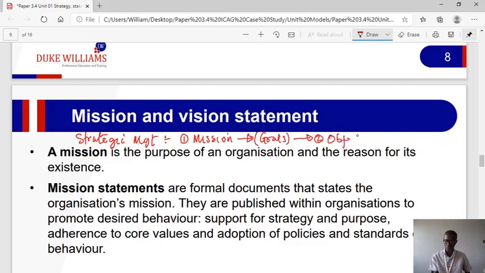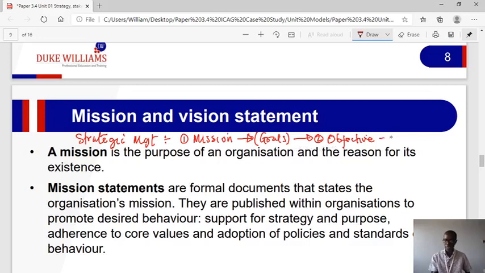So what often happens is that when we have to develop a comprehensive strategic management, it is important to identify the organization's mission, its mission statement, and even its vision. From there we will go on to more specifics to generate our objectives.